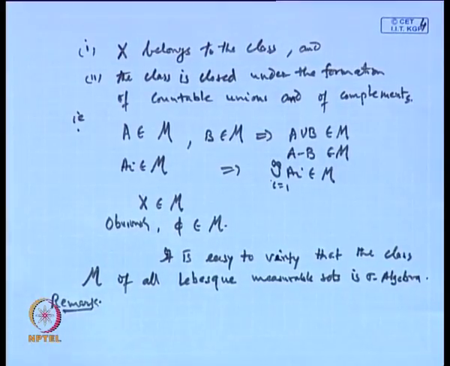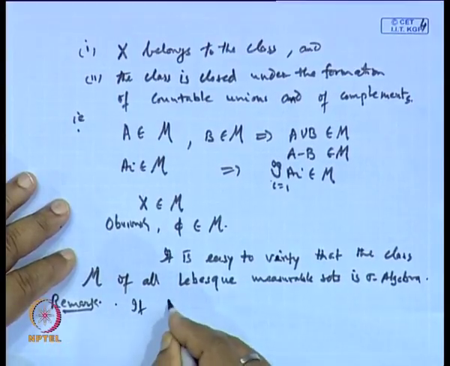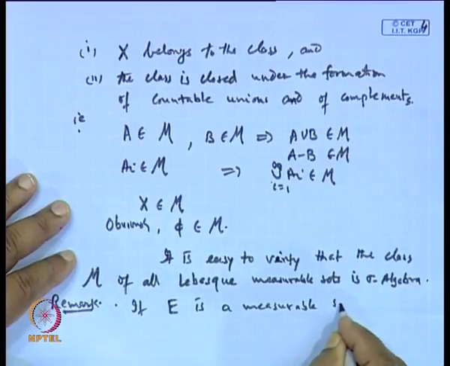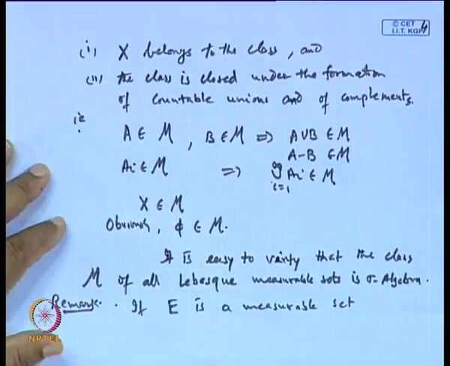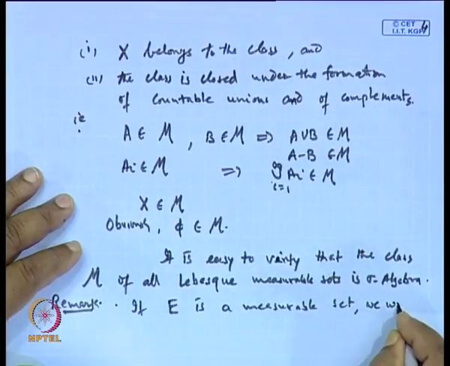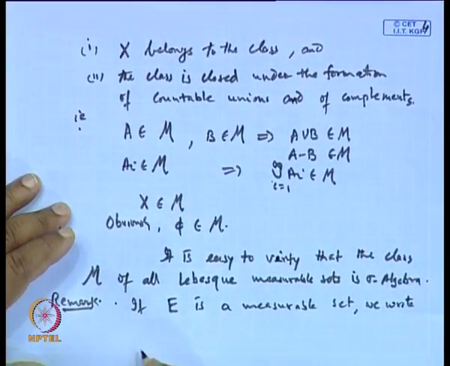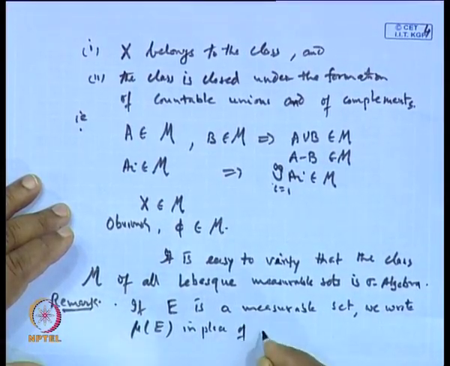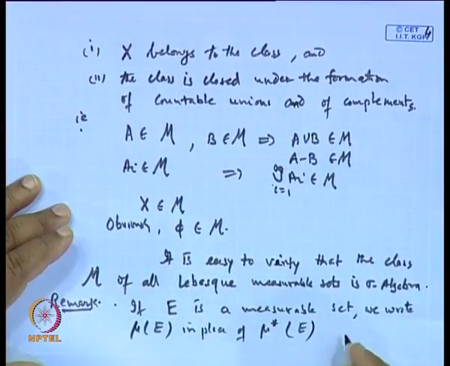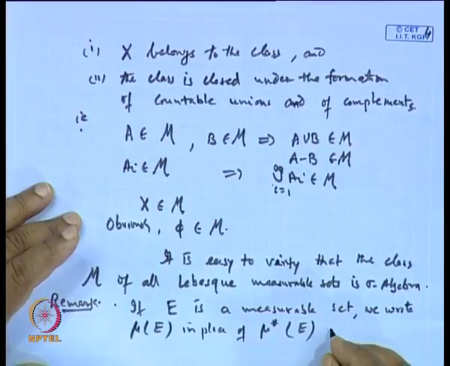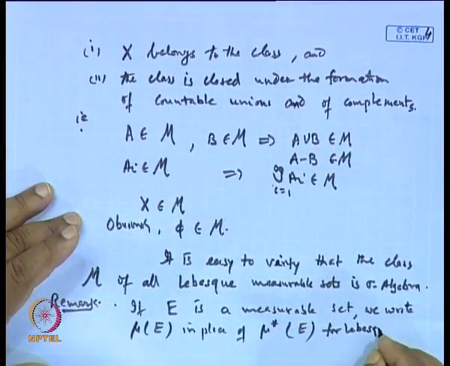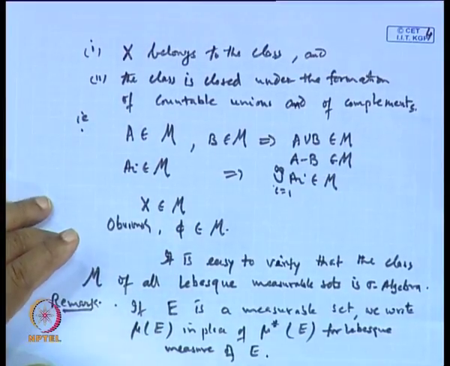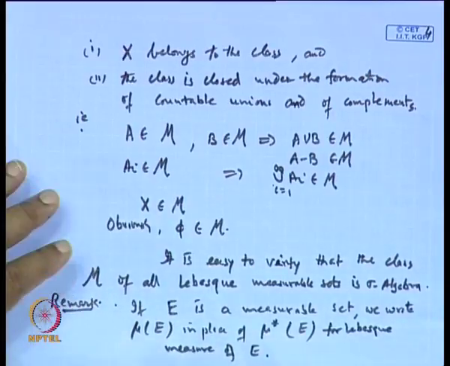If E is a measurable set, then we write mu of E in place of mu star of E for the Lebesgue measure of E. That is our concept on the sigma algebra of measurable sets.